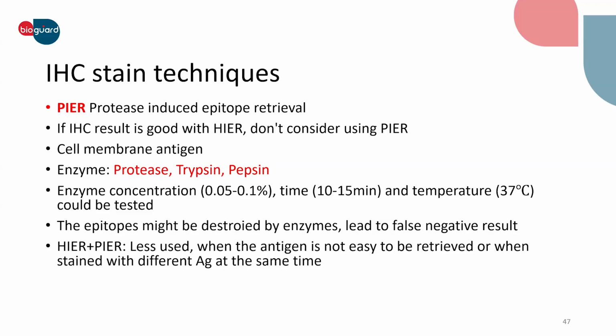PIER is usually a backup option. We use it when HIER doesn't work. Common enzymes you use include protease, trypsin, and pepsin.